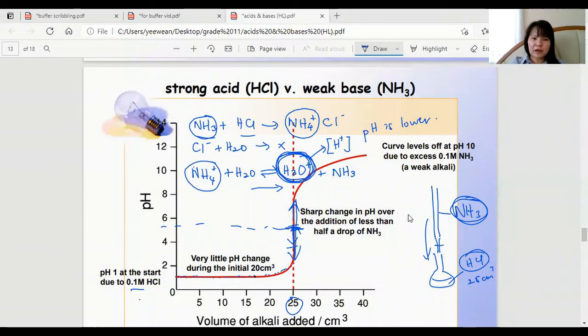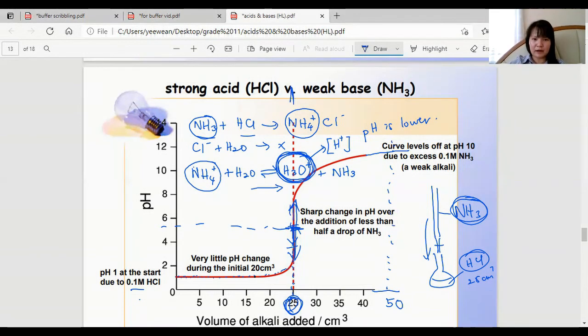Now, going back to the curve that we saw the other day, within this curve there's actually a buffer. A buffer is 50% salt and 50% the weak one. So where's the weak base? The weak base would be at 50 cm³ here. That is 100% of weak base. And in the middle here, 25 cm³ of alkali, that would be 100% of salt.